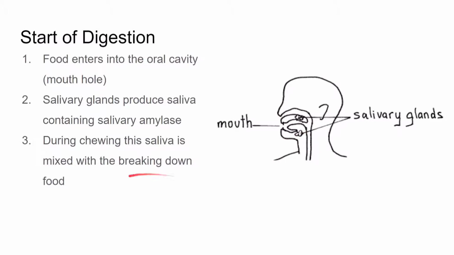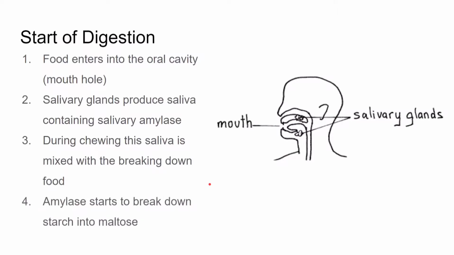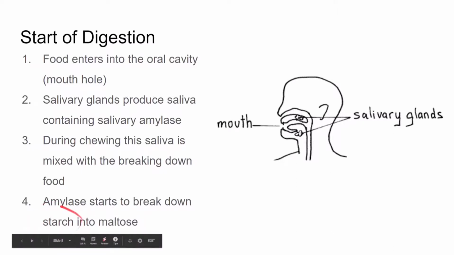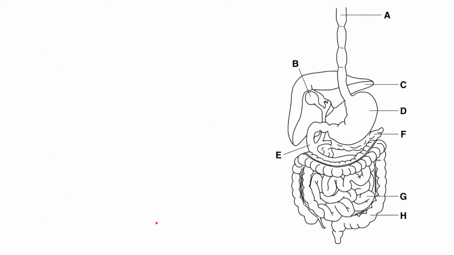When we're chewing, we're breaking down the food with physical digestion, aided by the enzymes in the saliva, which is chemical digestion. The salivary amylase in the saliva starts to break down any starch into maltose. This is the polysaccharide into its disaccharide form.